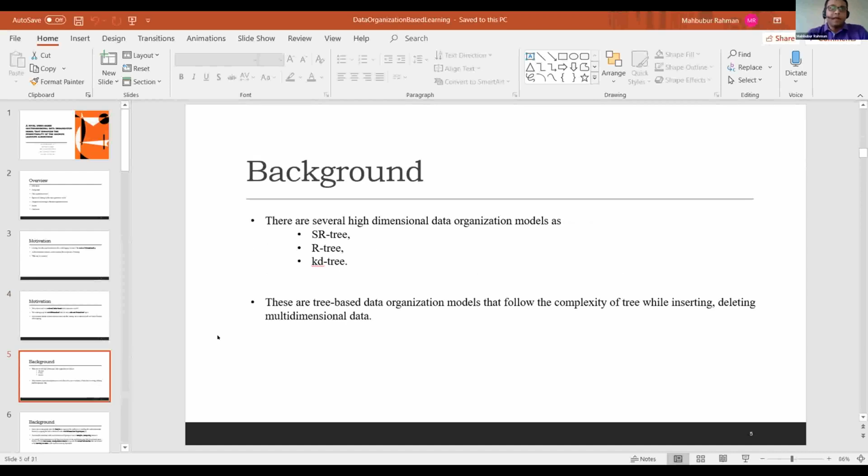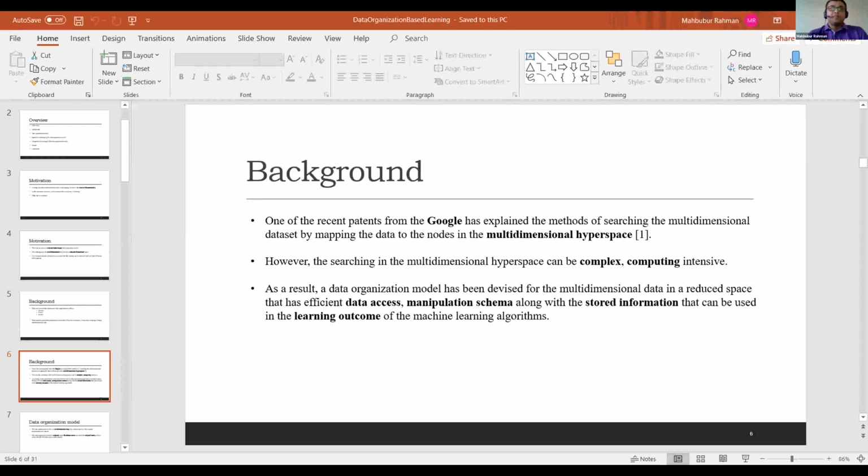Next, I will explain some of the background. There are several high-dimensional data organization models based on indexing, such as SR-tree, R-tree, and KD-tree. These are tree-based data organization models that follow the complexity of the tree while inserting and deleting multidimensional data. One of the recent patents from Google has explained methods of searching a multidimensional dataset by mapping the data to nodes in the multidimensional hyperspace.